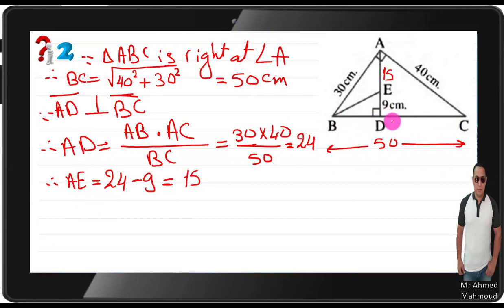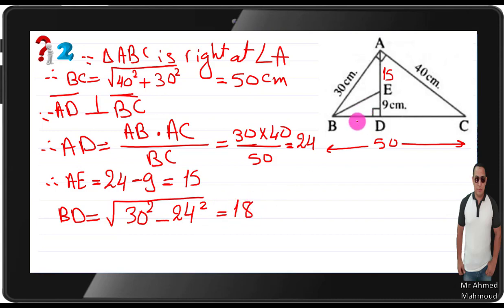So I'm going to use Pythagoras. BD equals the square root of 30 to the power of 2 minus 24 to the power of 2, which equals 18 centimeters.